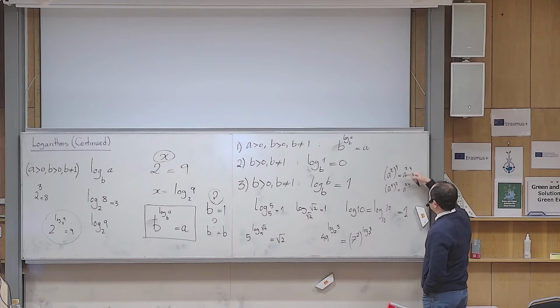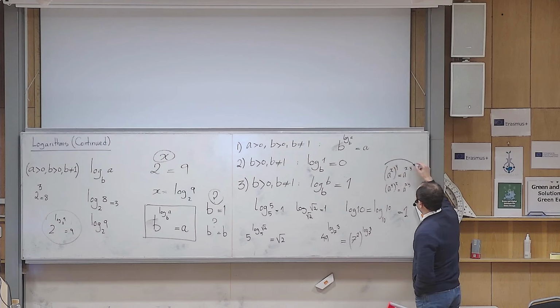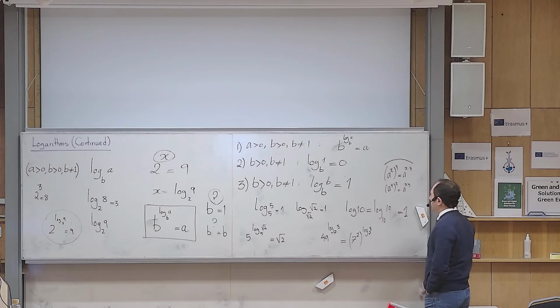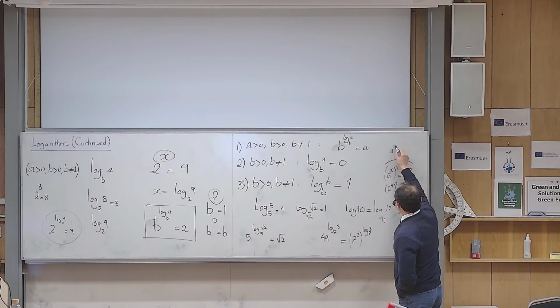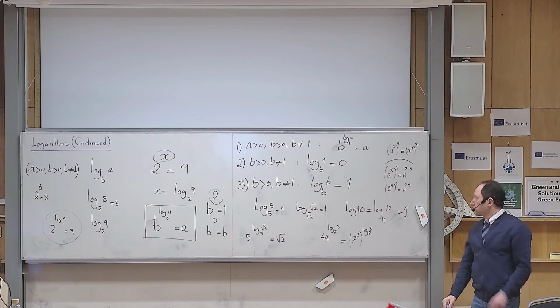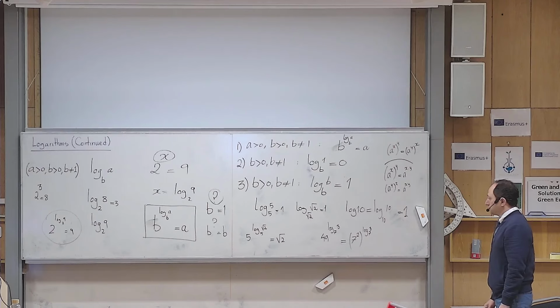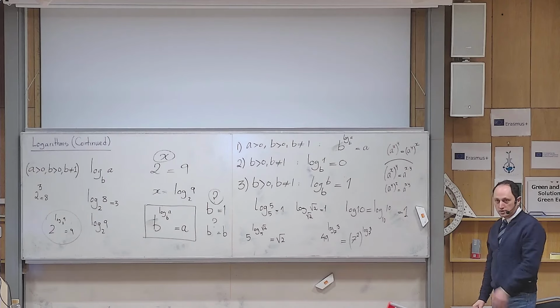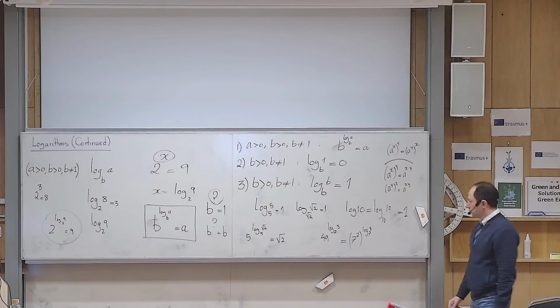Because both of them are equal to the same thing, it means that the left-hand side should also be equal. So it means a to the power of x to the power of y is the same as a to the power of y first and then to power x. So you can interchange the role of x and y if you want to. Should I do that here? Yes. It is useful here. Why?